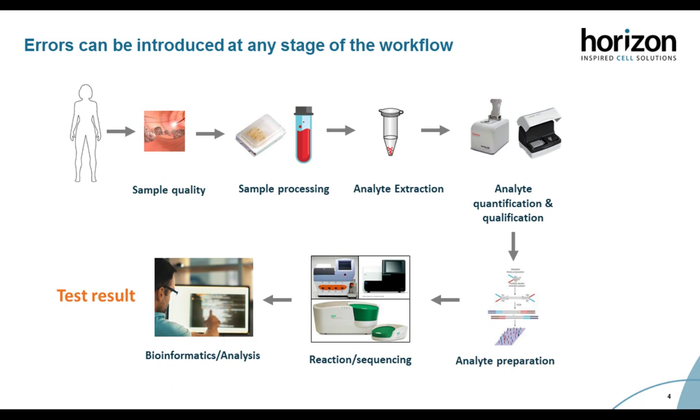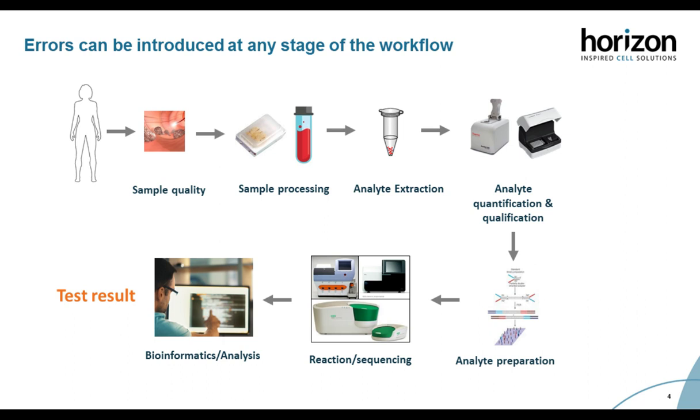Irrespective of whichever sequencing platform your lab may be using, the same basic workflow applies to the majority of NGS clinical assays, and errors can be introduced at any stage of the workflow. This includes some of the early steps, such as extracting samples from the patient, whether that be a tissue biopsy set in FFPE, or a blood sample perhaps from liquid biopsy.